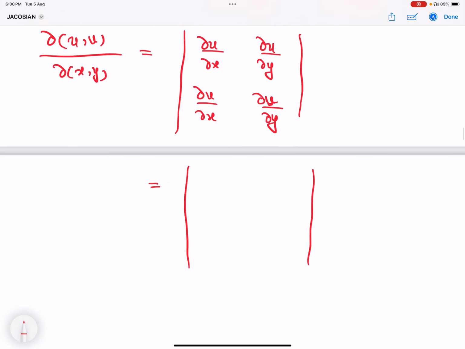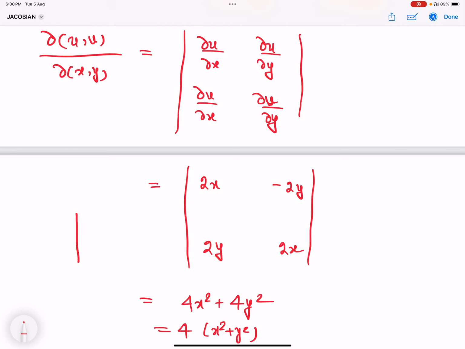Because u is x² − y², it will be 2x, and ∂u/∂y will be −2y. And v is 2xy, so ∂v/∂x is 2y and ∂v/∂y is 2x. So what is this? 4x² + 4y². So it is 4(x² + y²).